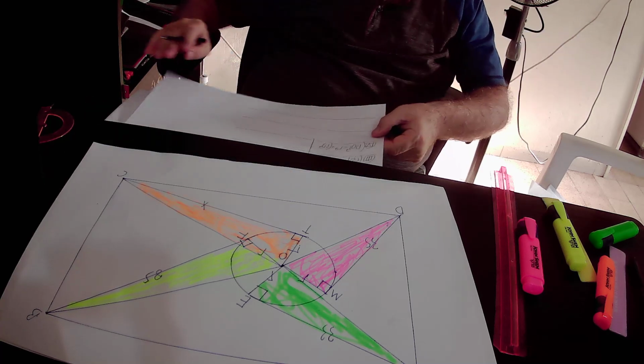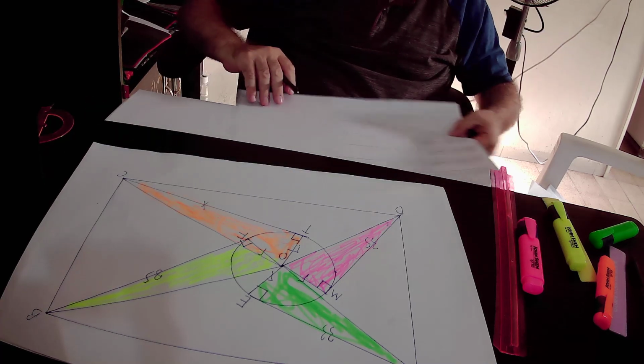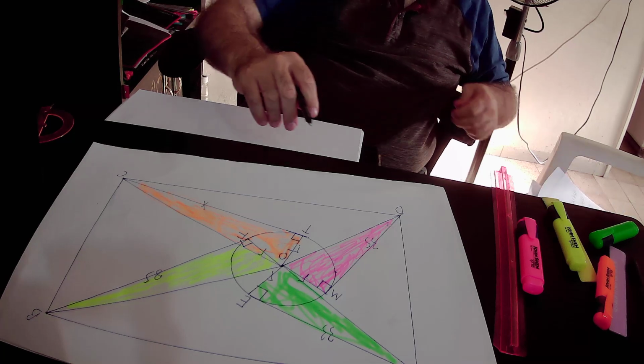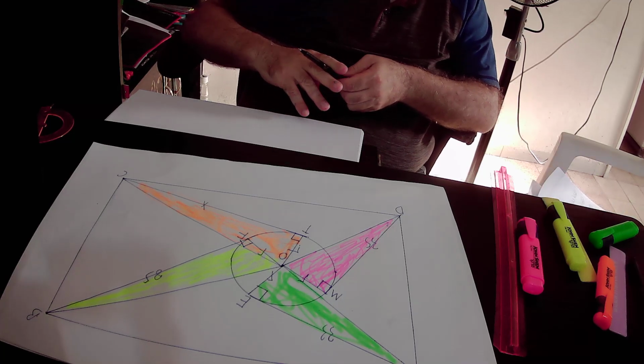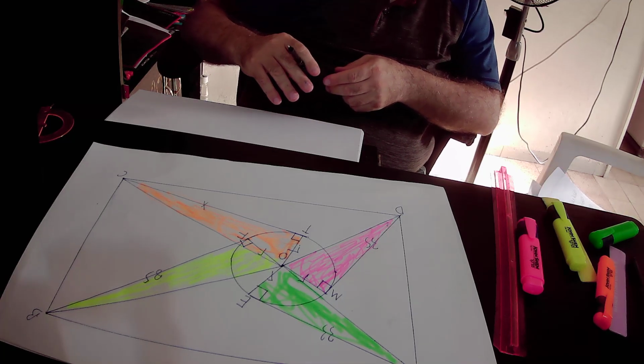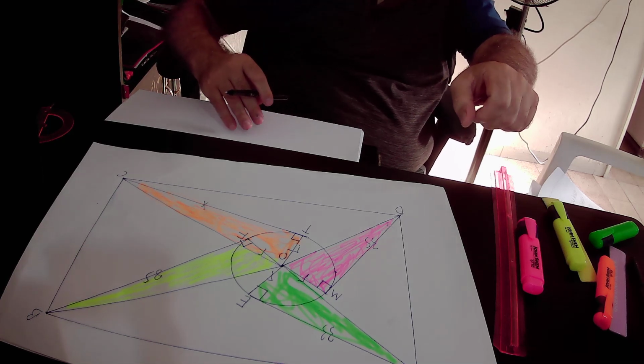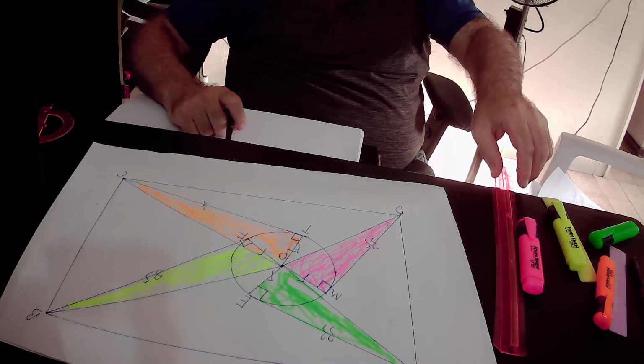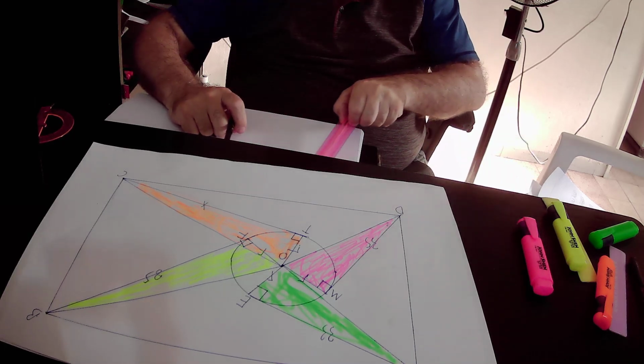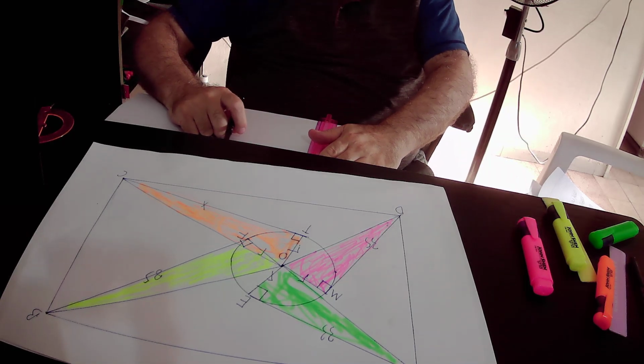In the next step, I will copy rectangle ABCD with its circle inside it in a new page, and analyze the rectangle ABCD with its circle.